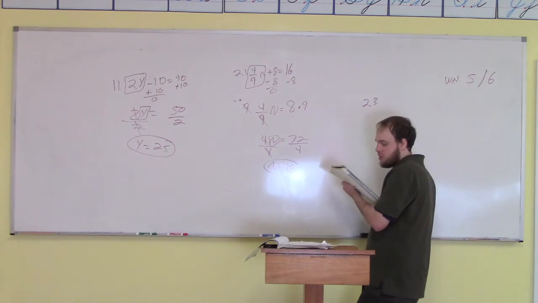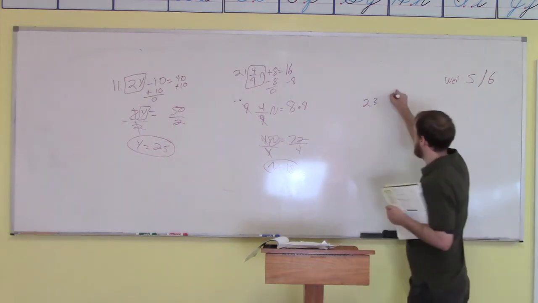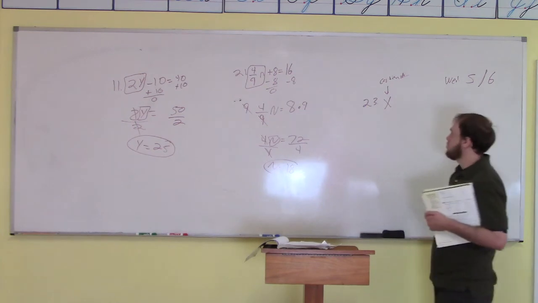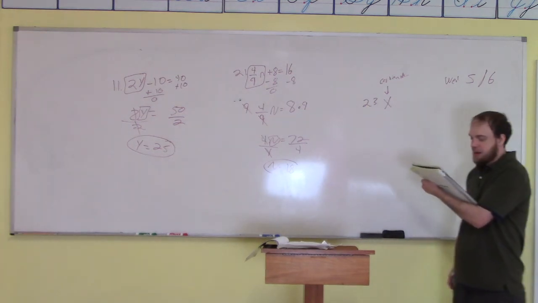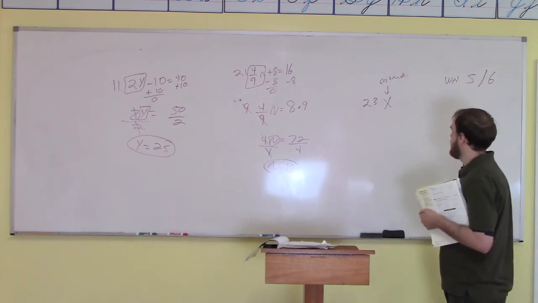Do we know what the certain number is? No, we do not. So for that certain number, I'm just going to put an x. So x is my certain number. Then it says it's 4 less than 3 times another number.